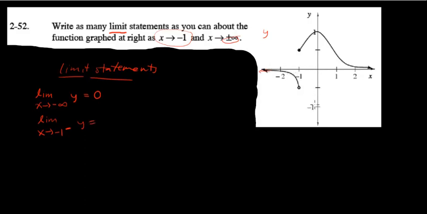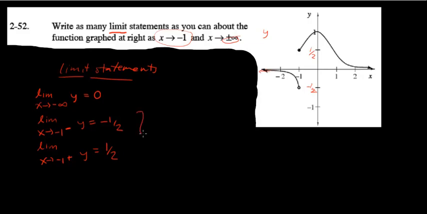If this is -1 here, this is -1/2, so that's equal to -1/2. The limit as x approaches -1 from the right, we approach up to 1/2, so it equals positive 1/2. Okay?